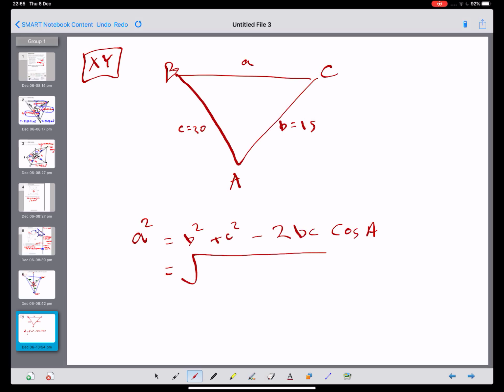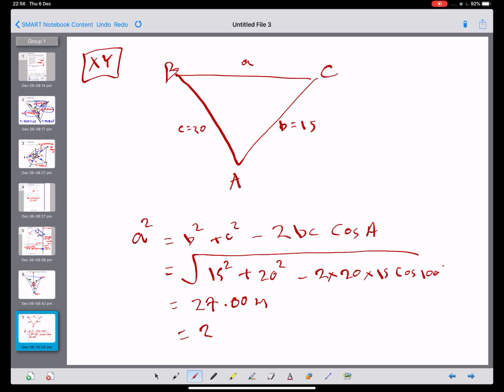Okay, let's take a square root in your calculator. That is 15 squared plus 20 squared minus 2 multiplied by 20 times 15 cos of 100. It's going to give 27.00 meters.